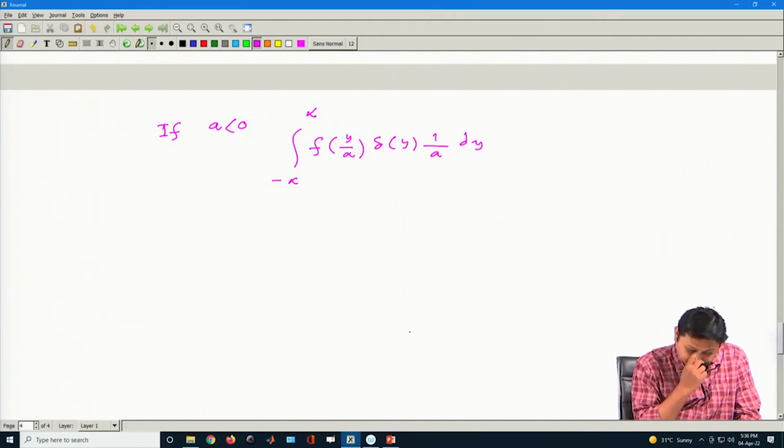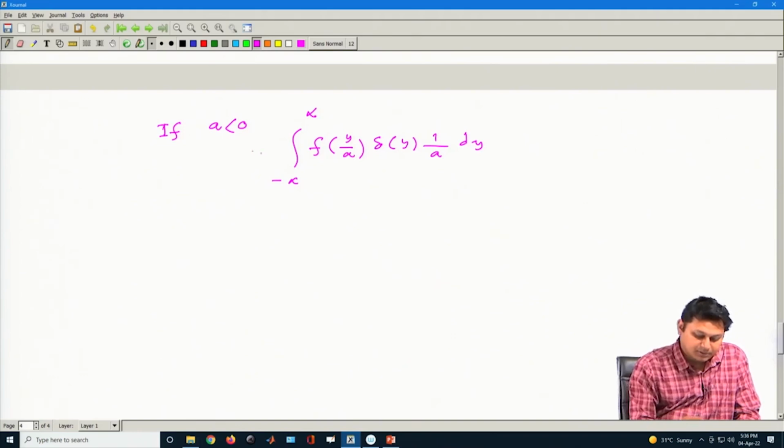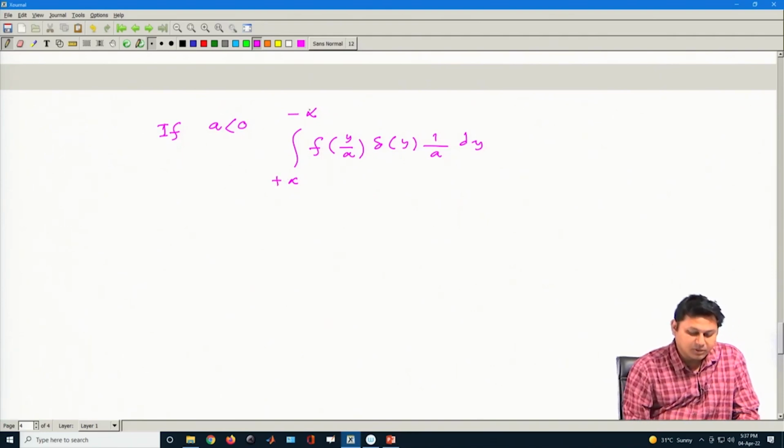Now, since we are having a negative, the limit should be, since a is going to the negative side, the limit should be this one, and in order to make this limit correct, we will simply invent a minus sign.